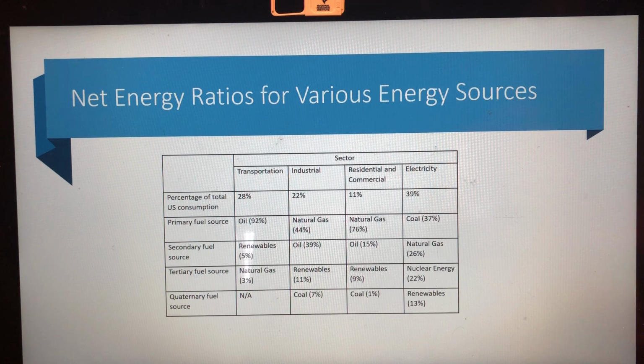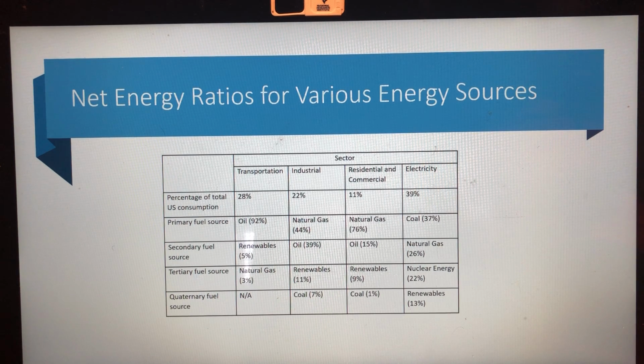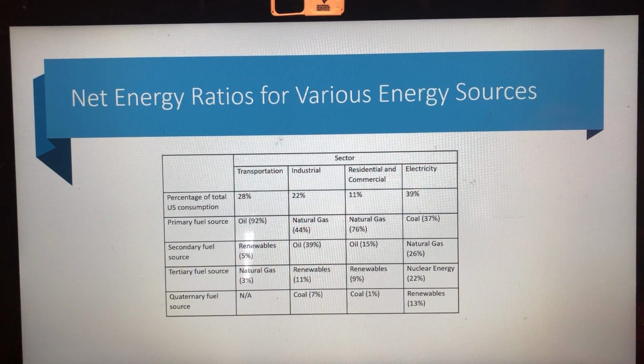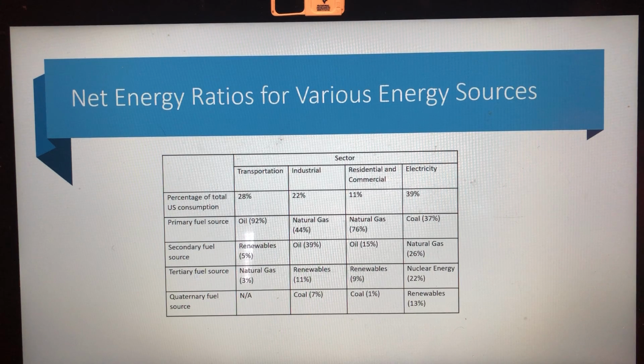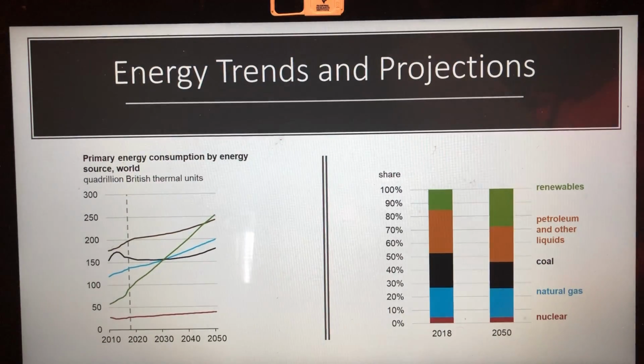The industrial sector depends much on natural gas and coal, whilst the residential and commercial sectors rely more on natural gas, mostly for heating. And when we move on to the power sector, electricity generation, coal is the major energy source, and also natural gas.